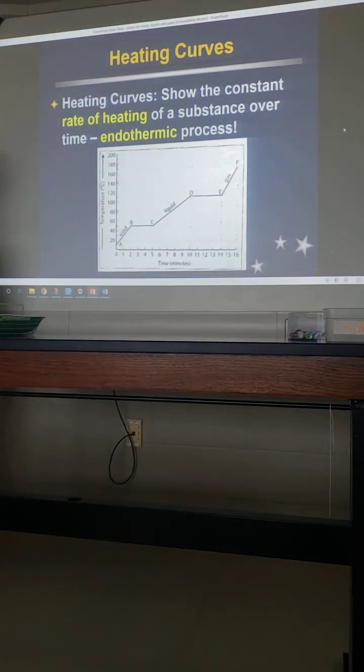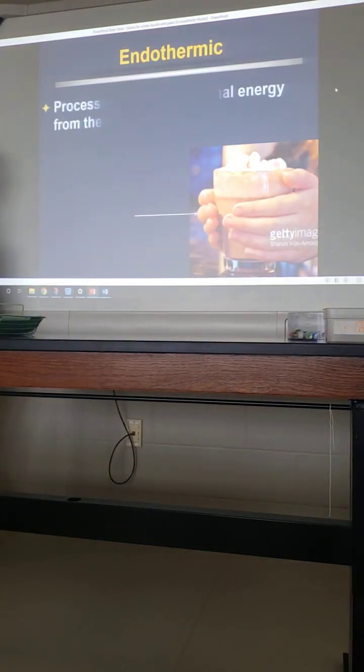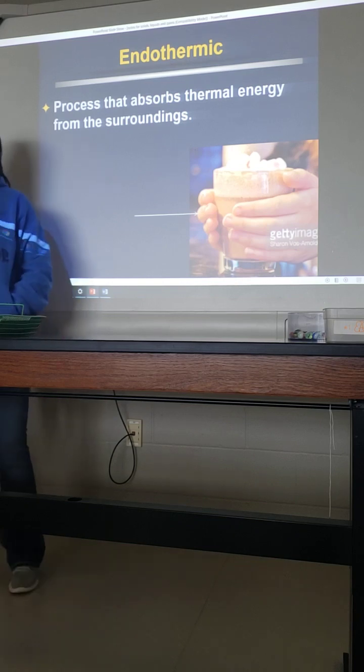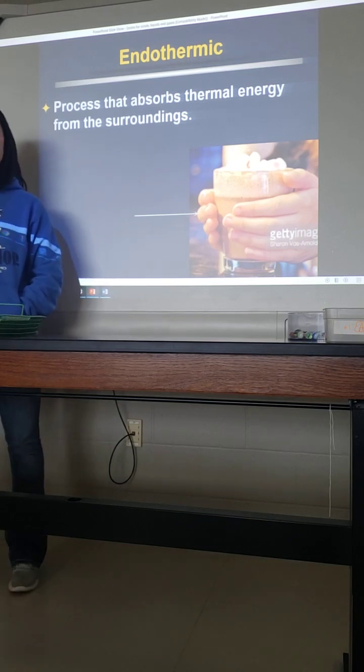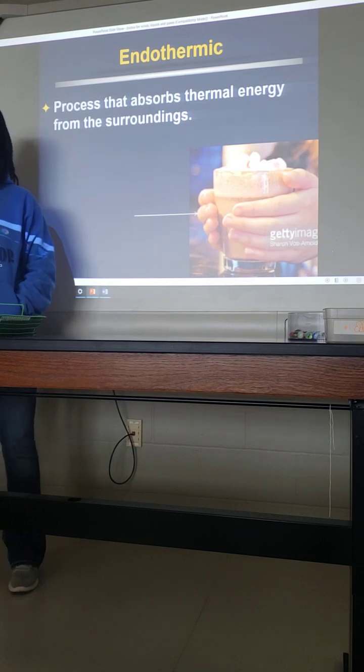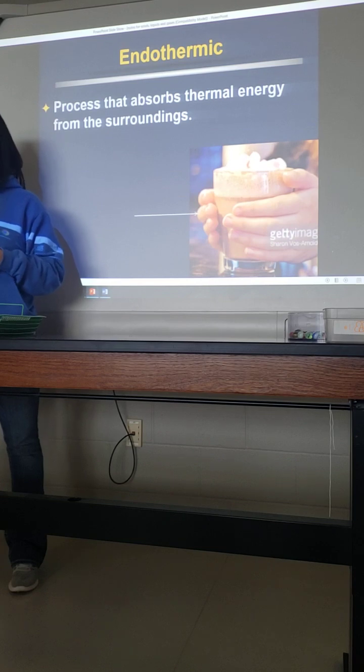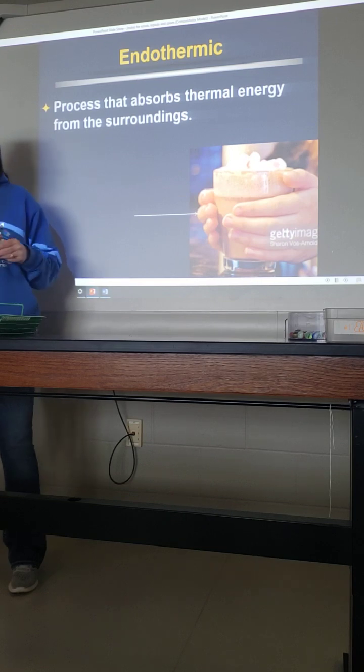Okay. So endothermic is the process of absorbing thermal energy. It's taking heat in. We've had endothermic and exothermic before when we were talking about chemical reactions, right? And so in a chemical reaction that's endothermic, it is taking heat from the surroundings into the reaction, right?